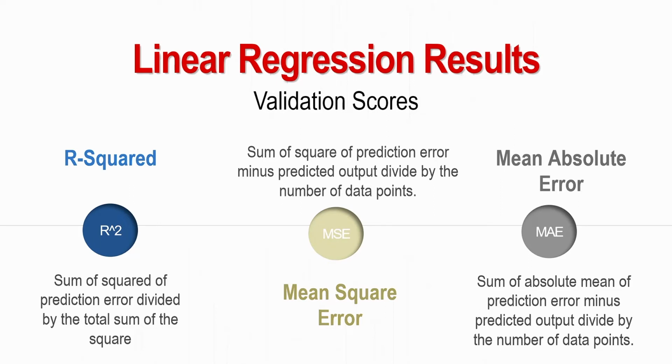There's also our MSE score. That's the sum of squared differences between actual and predicted output divided by the number of data outputs. And what this is really telling us is the error from the mean. It's sometimes used more commonly than our MAE, and it's probably easier for interpretation.